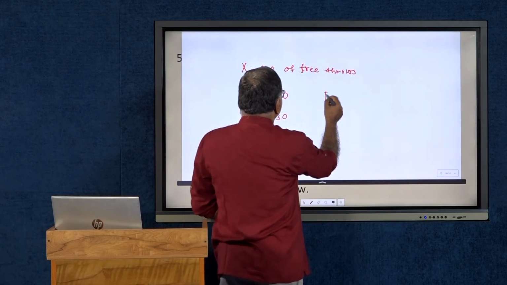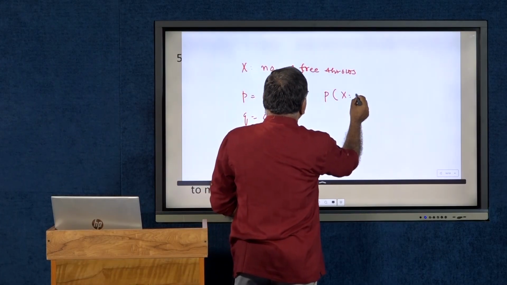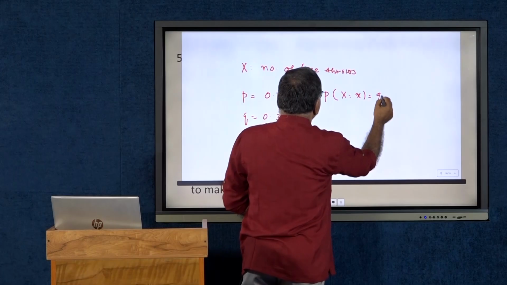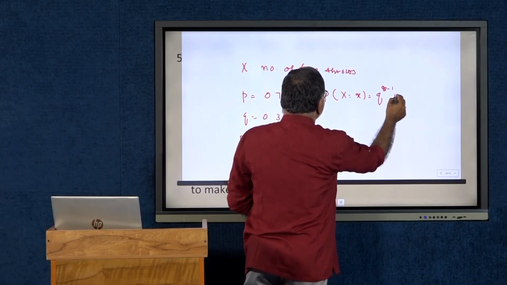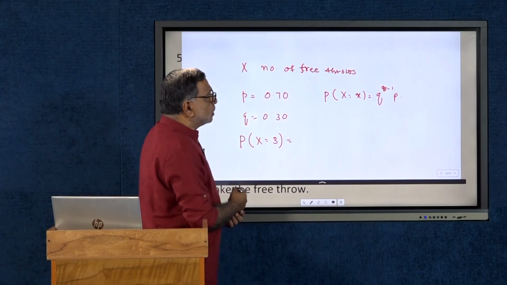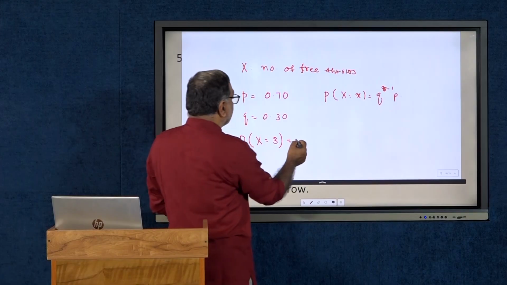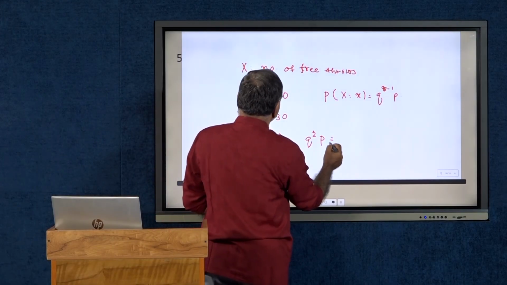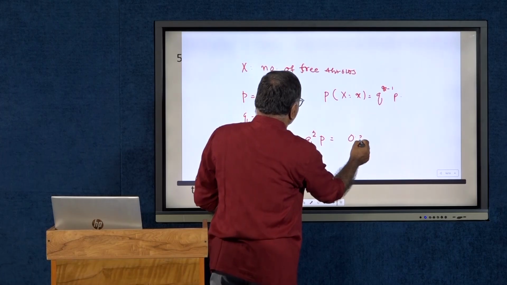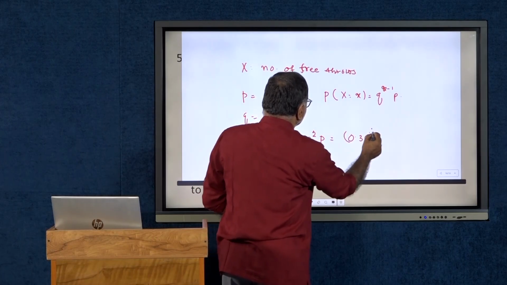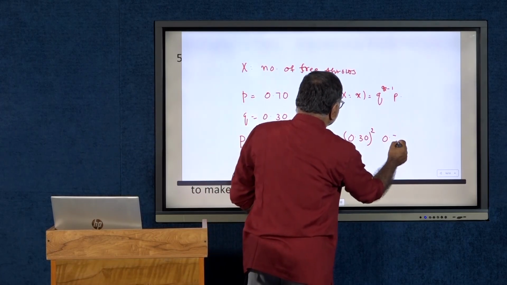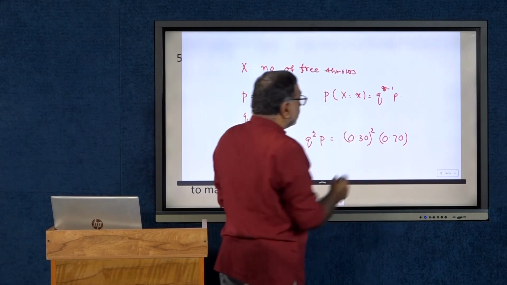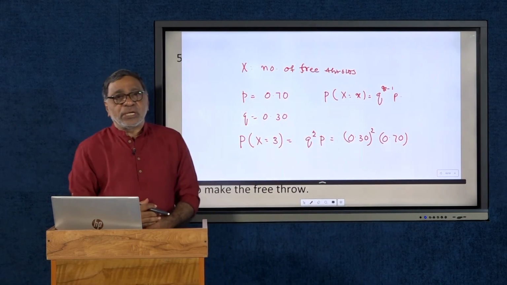Earlier we have the probability of X equal to x is q^(x-1) times p, our theoretical value. So this is q^2 times p, or that is 0.30^2 times 0.70. Simplifying that expression, you will get the answer.